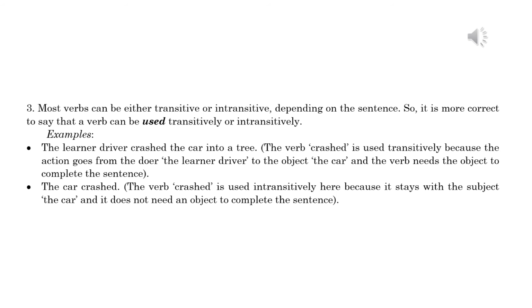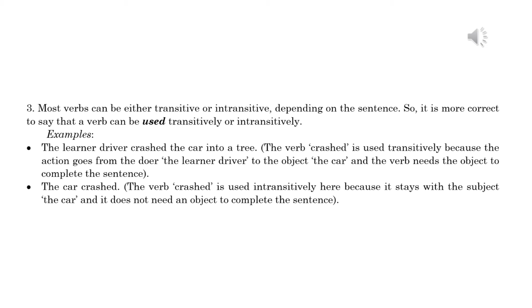Three. Most verbs can be either transitive or intransitive, depending on the sentence. So it is more correct to say that a verb can be used transitively or intransitively. Examples: The learner driver crashed the car into a tree.